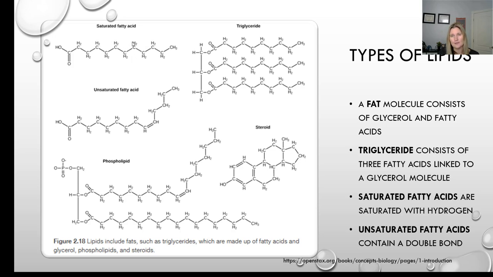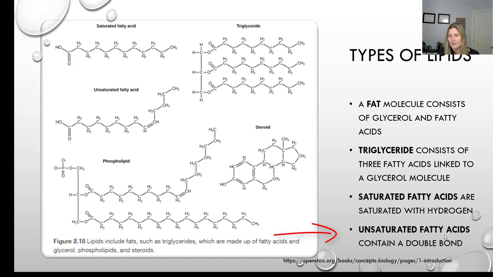Up here, for example, this carbon is bonded to another carbon, so there's two of its valence electrons, and the other two are connected to hydrogen. Over here, we have a double bond between the two carbons, with four electrons shared between them. Here's another two shared with the other carbon. That leaves room for only one hydrogen to attach. So instead of two hydrogens, we have only one.